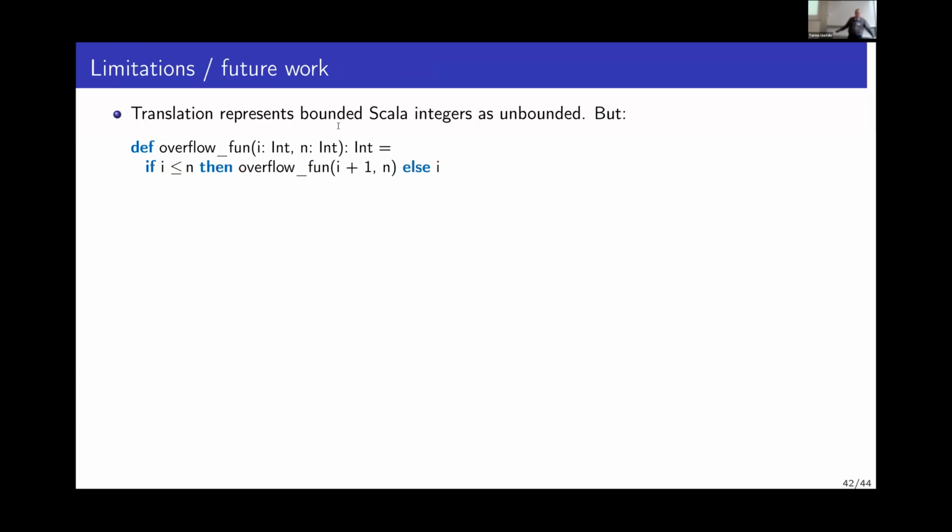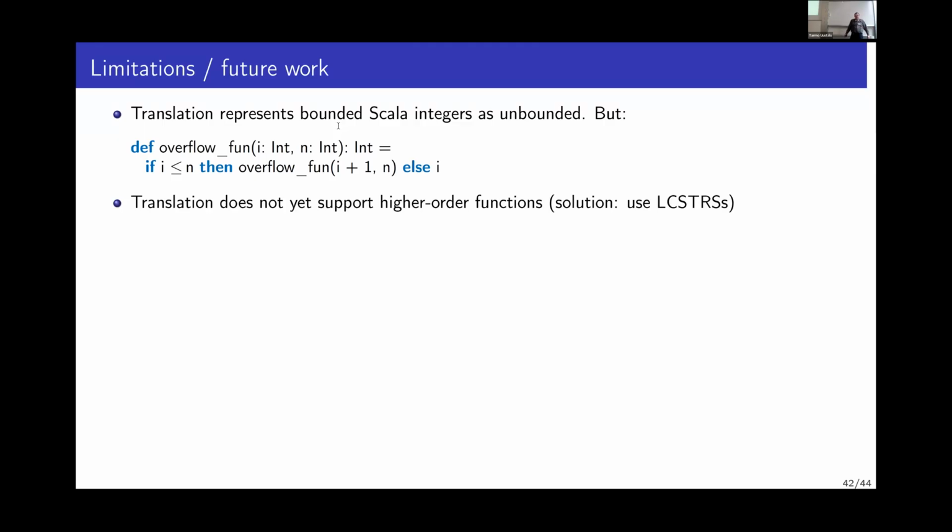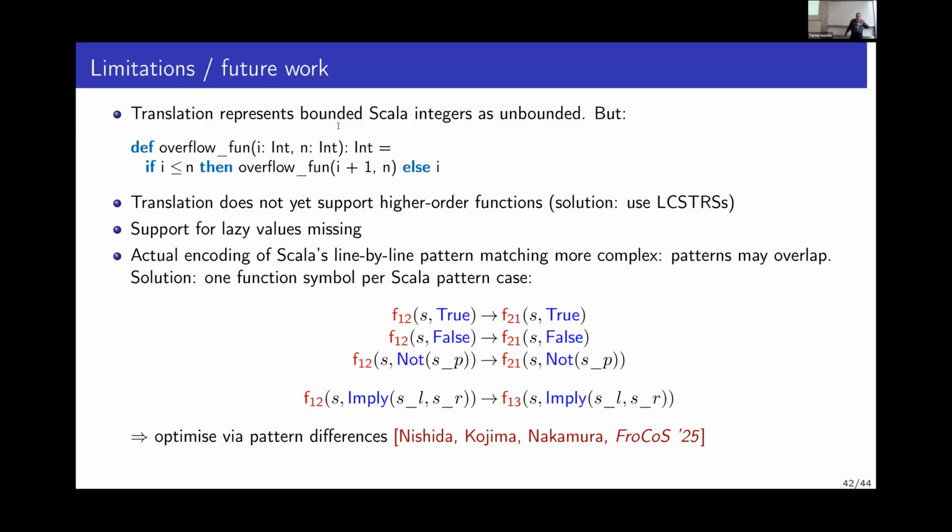There are some limitations. For example, we haven't yet taken care of bounded versus unbounded integers. We don't yet support higher-order functions. Support for lazy values is missing. And the encoding of the line-by-line pattern matching in Scala is currently a bit complex. It's essentially quadratic in the number of cases.